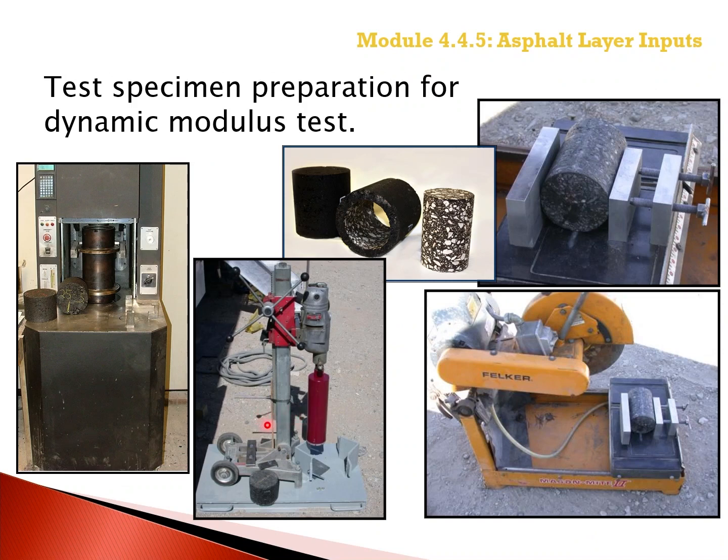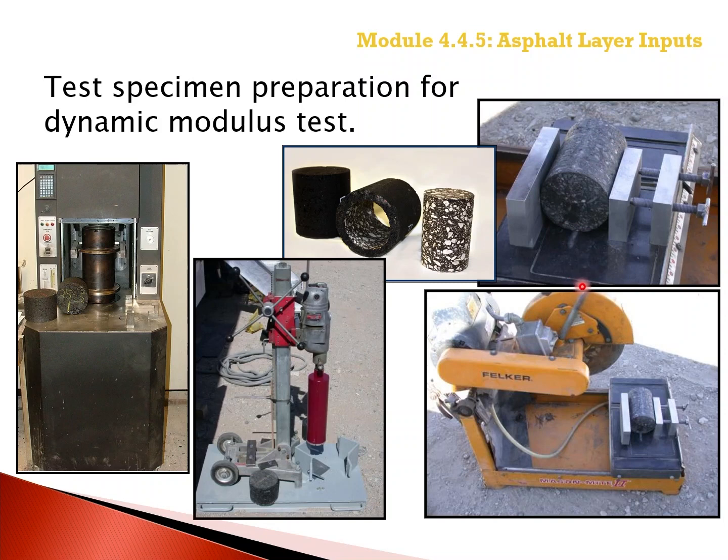Test specimen preparation is critical for testing just about any material, including asphalt mixtures. This slide simply shows test specimen preparation activities in accordance with AASHTO T378 for the dynamic modulus tests, going from sample compaction to sawing the test specimen from the gyratory compacted sample, to sawing the ends of the specimen for creating the test specimen.